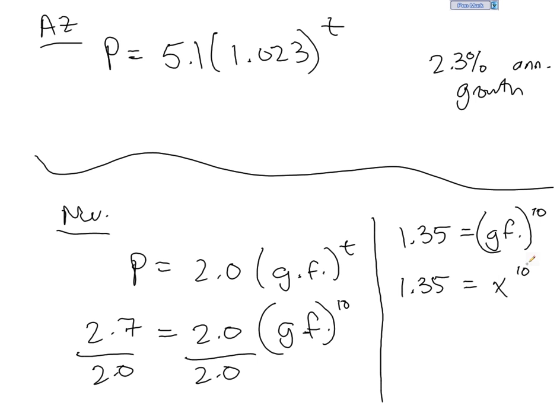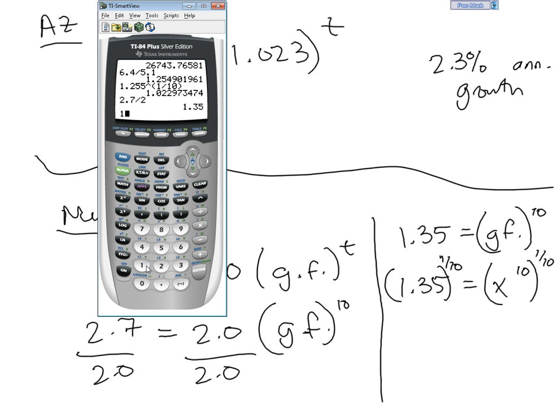Well, again, we could take the 10th root of both sides, or more simply, raise both sides to the 1 over 10th power. So just to illustrate that it does the same thing, the 10th root of 1.35 would give us a rate of 1.03.